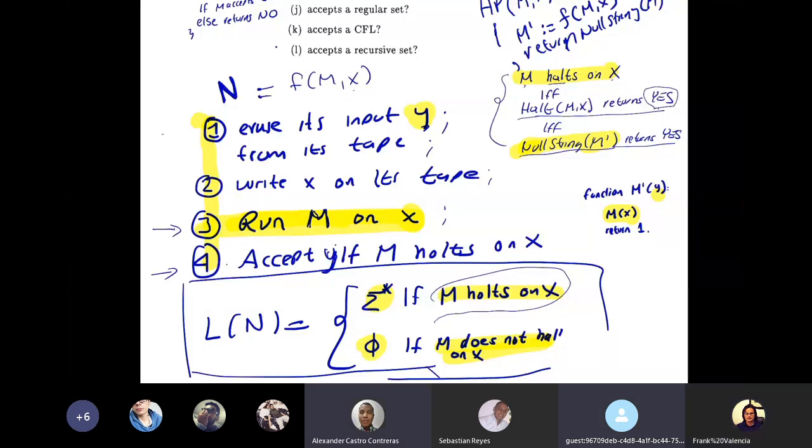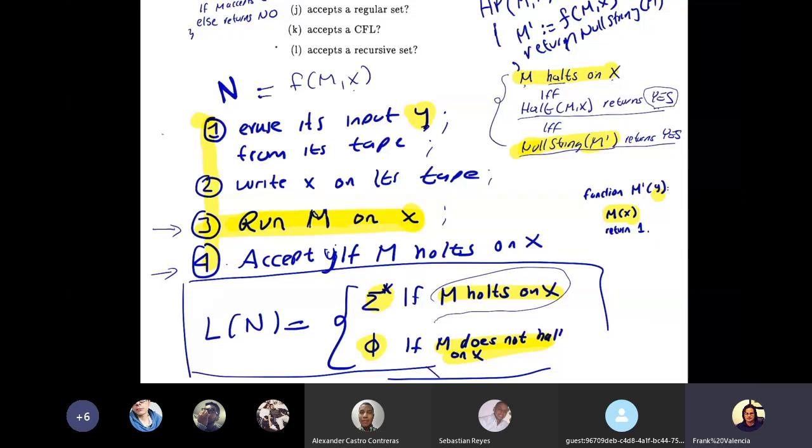But, teacher, why are we saying that N accepts Y if the machine only runs with X, doesn't run with Y? Because the machine, I mean, you accept the input. When you get an input, you can do whatever you want with it, but you say I accepted or rejected this input.